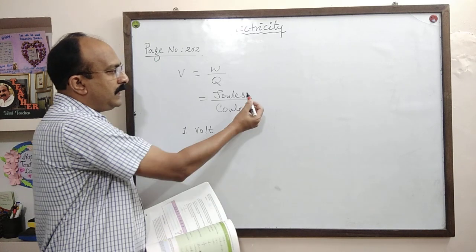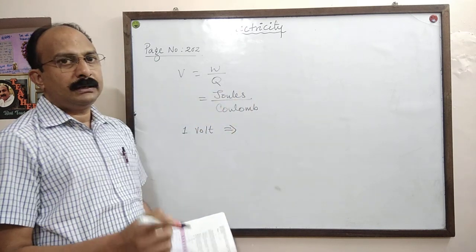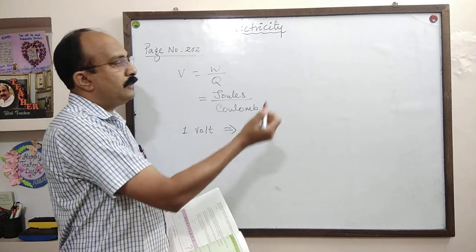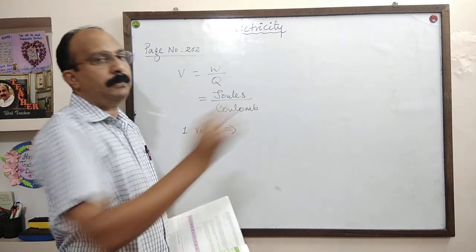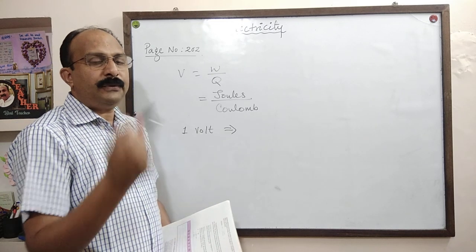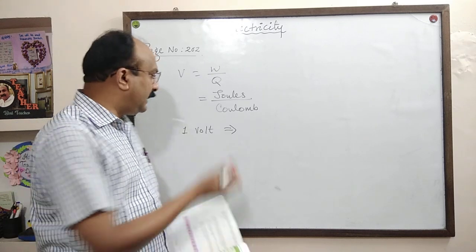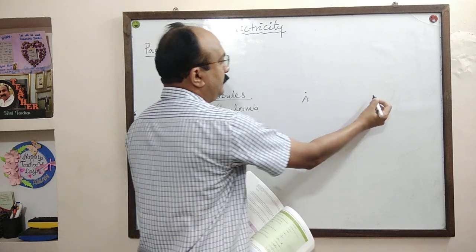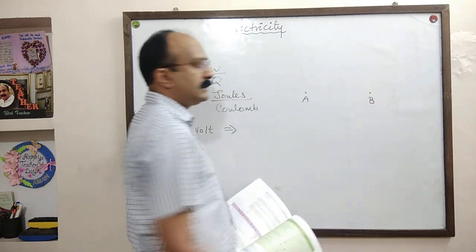When 1 joule of work is done to transfer 1 coulomb of charge from one point to another point, the potential difference across these 2 points is said to be 1 volt. I repeat, I hope all of you remember my previous class.